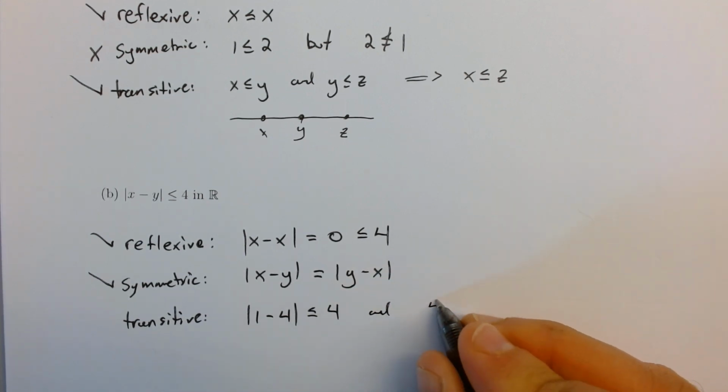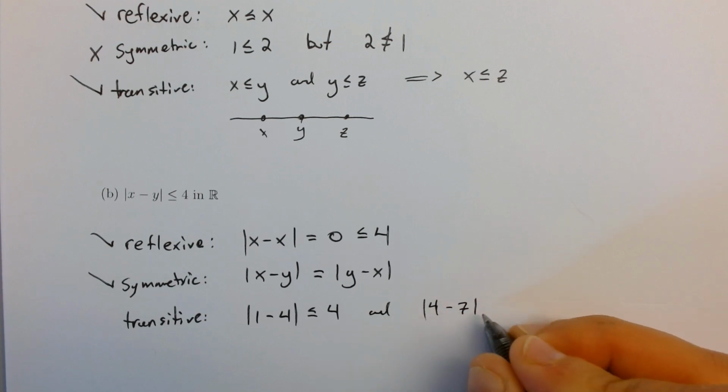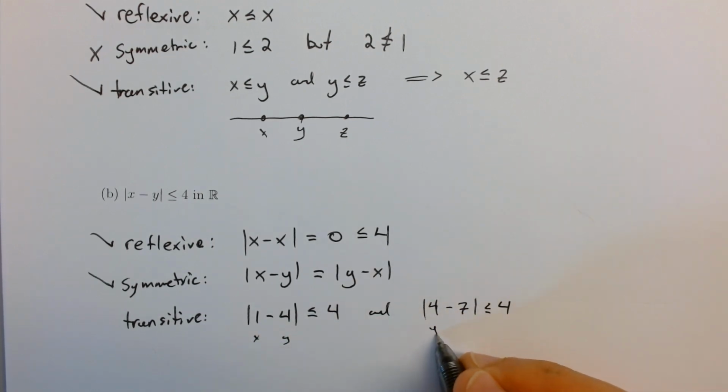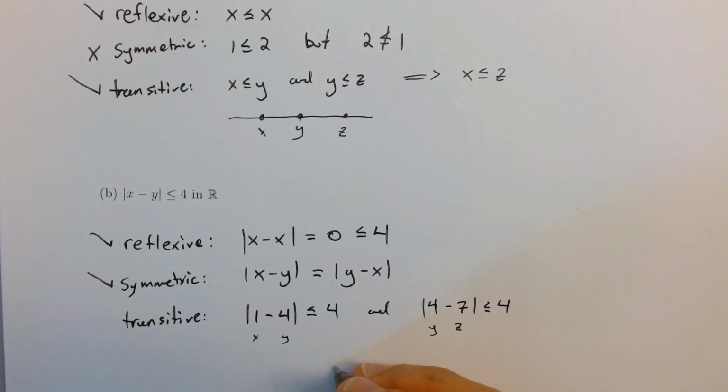And the difference between, say, 4 and 7 is less than or equal to 4. So this is acting as the x and y and z. But if I inquire about 1 and 7, the absolute value of 1 minus 7 is 6, so that's not less than or equal to 4. So it does not pass transitivity.